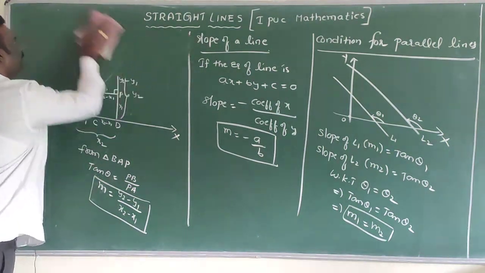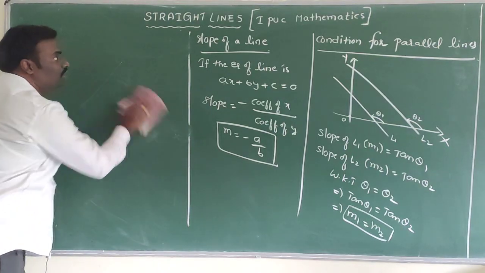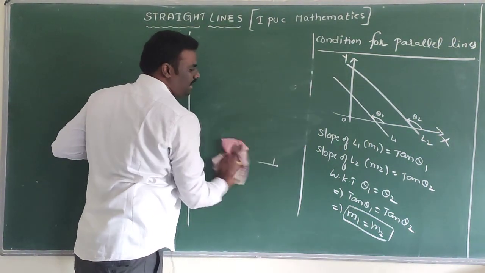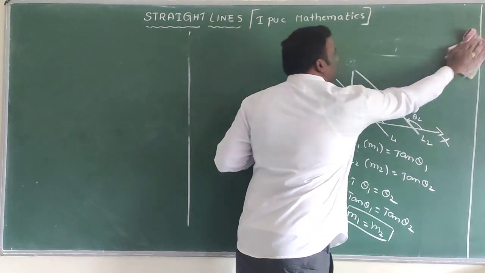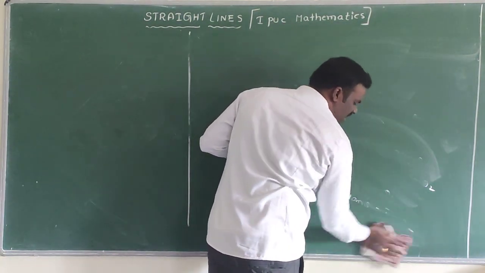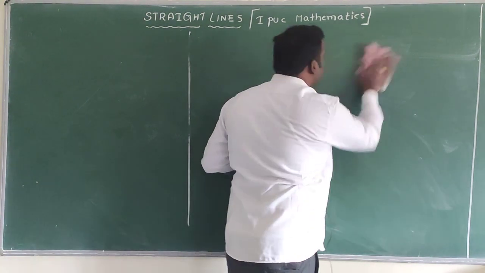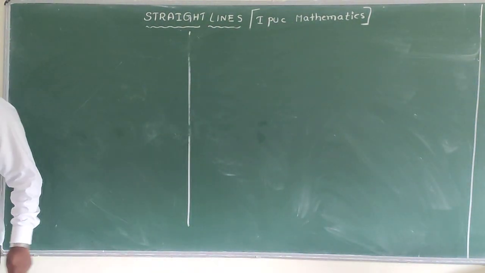Similarly, we will discuss the condition for two perpendicular lines. Already we discussed the condition for parallel lines, slopes are equal, and now we will discuss the condition for perpendicular lines. If two lines are perpendicular, then what is the condition in terms of slopes? Okay, now I am taking the perpendicular lines.